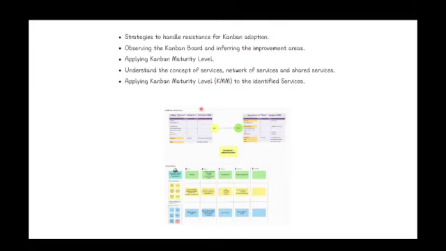What is that service that you're providing? How does that service relate to the other services in the workflow? How do you manage those? And we apply the KMM model to that identified service so that we can grow the maturity of your team from ML1 to ML2. So these are the exercises that we do on the third day.